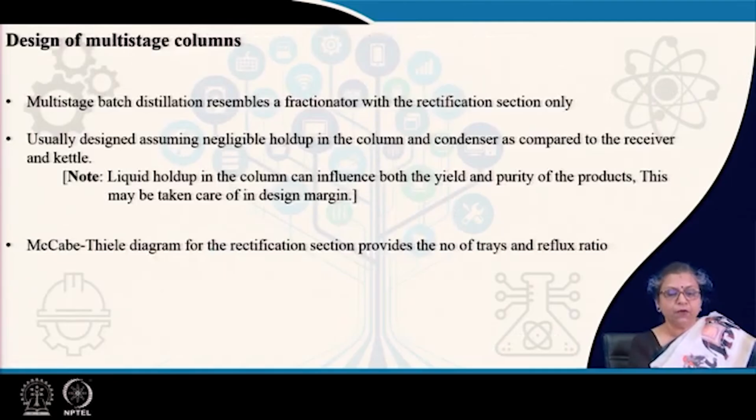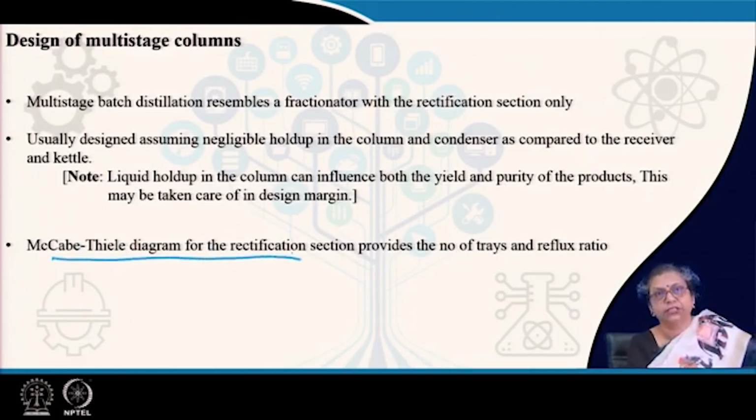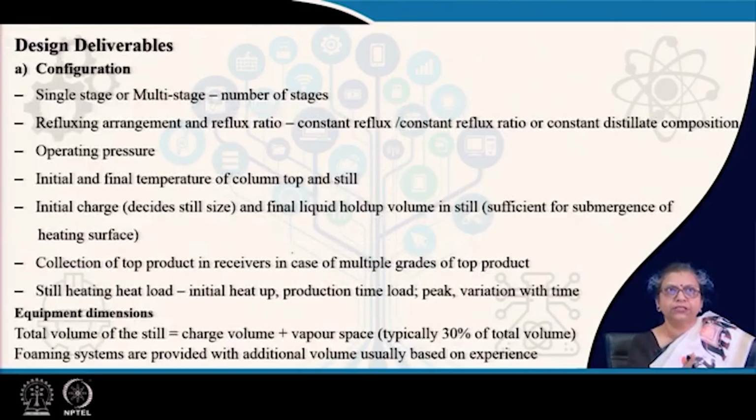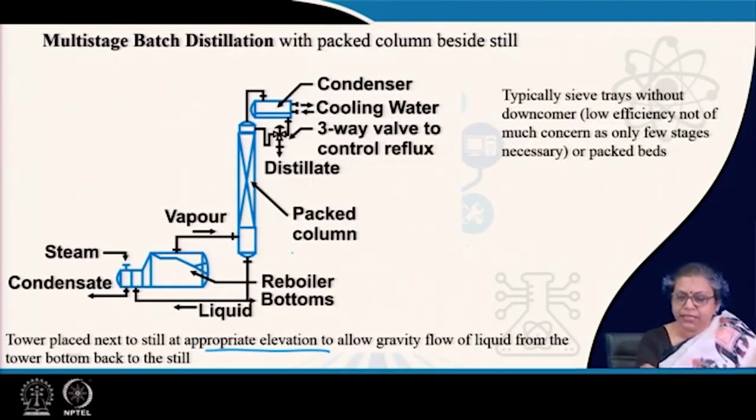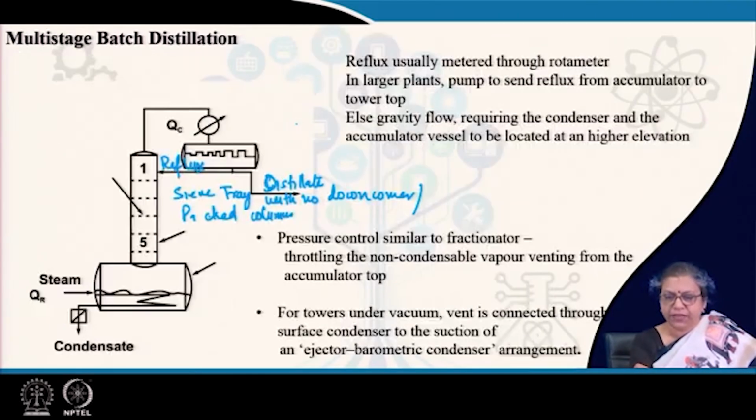So, normally we use the McCabe-Thiele diagram for the rectification section in order to obtain the number of trays and the reflux ratio. And there is just one thing I would like to mention, that with the reflux, the column is operated under two conditions. One of them is when the distillate product composition is very important.